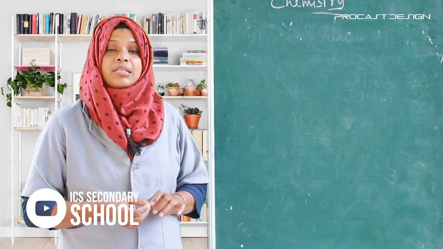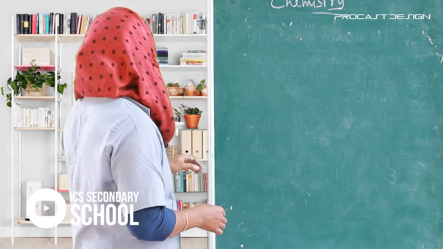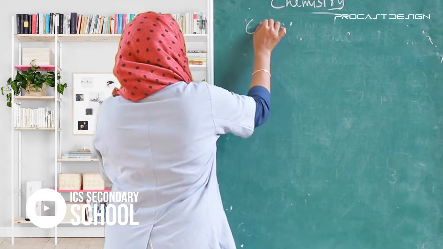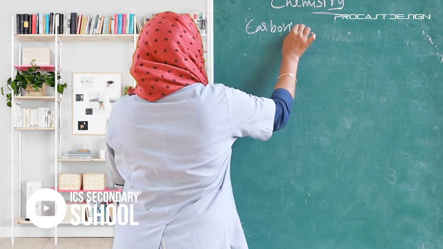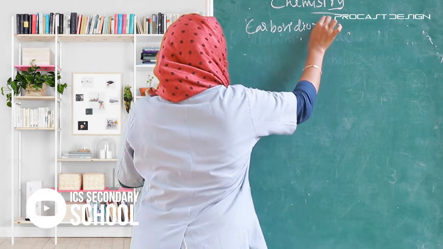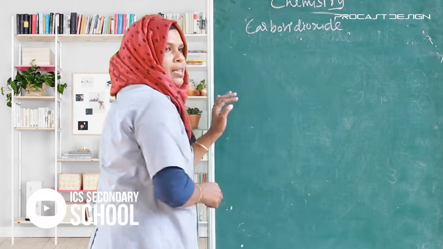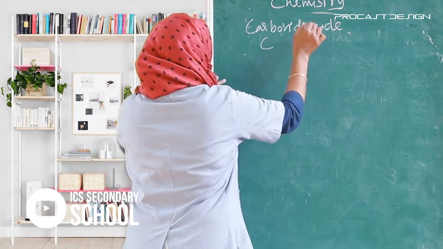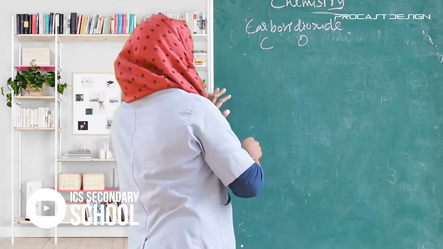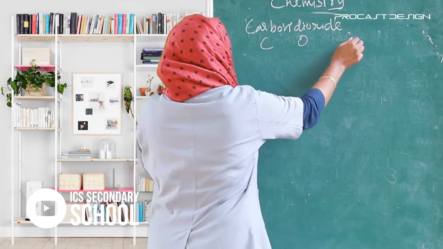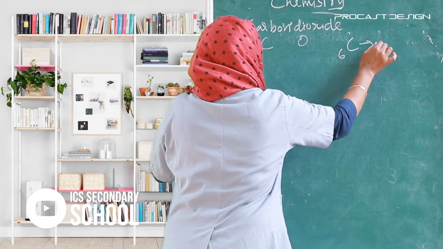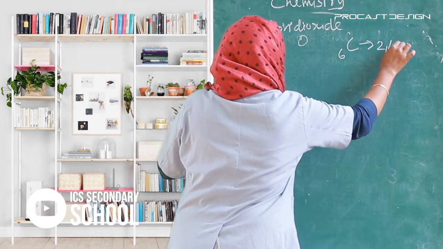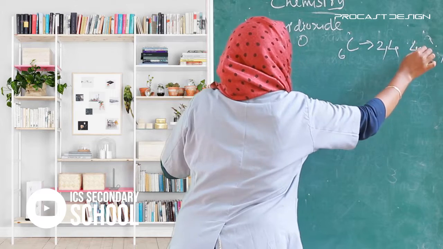Next compound is carbon dioxide. The symbol of carbon is C and oxygen is O. Then you write the valency. Carbon atomic number 6, electronic configuration 2, 4 and valency 4.